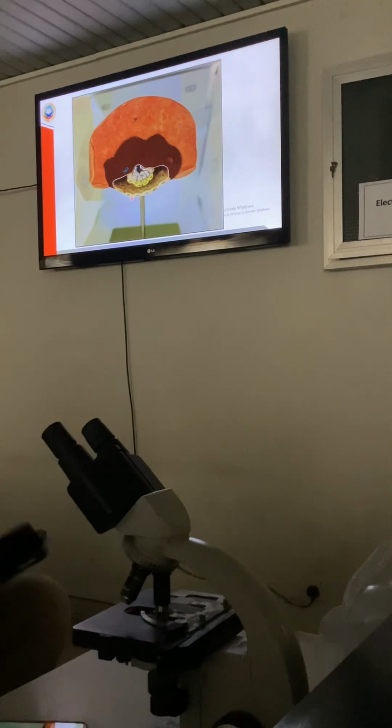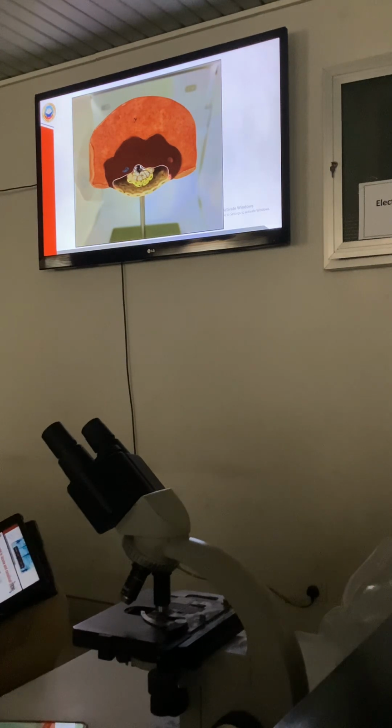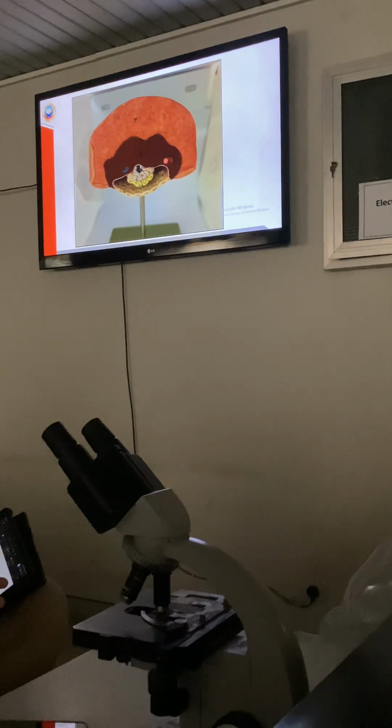Also, the outer layer of the blastocyst differentiates, forming two layers. The inner layer is the cytotrophoblast, and the outer is the syncytiotrophoblast, called the syncytium.